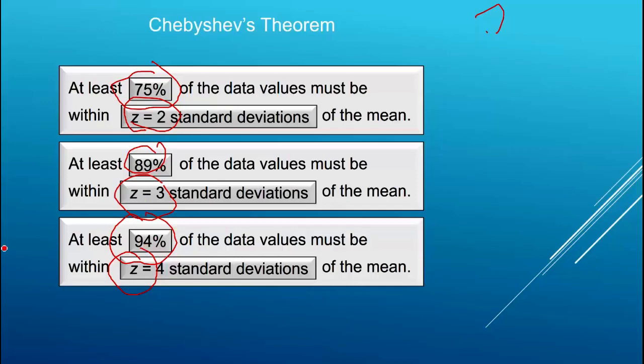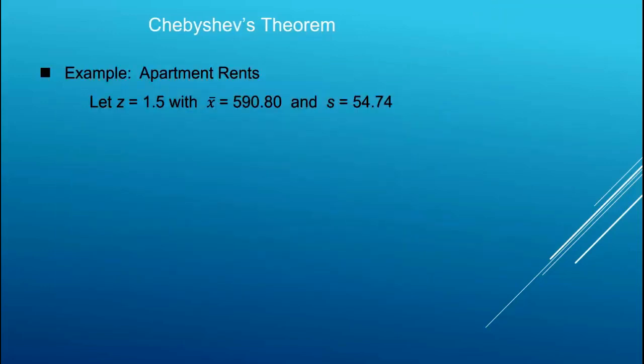The thing about Chebyshev's theorem is that it applies to distributions of any shape. The distribution of the data can be skewed to the left, skewed to the right, or it can be bell-shaped, and Chebyshev's theorem holds. The following rule that we're going to cover next, called the empirical rule, will only apply to distributions that are symmetric and bell-shaped.